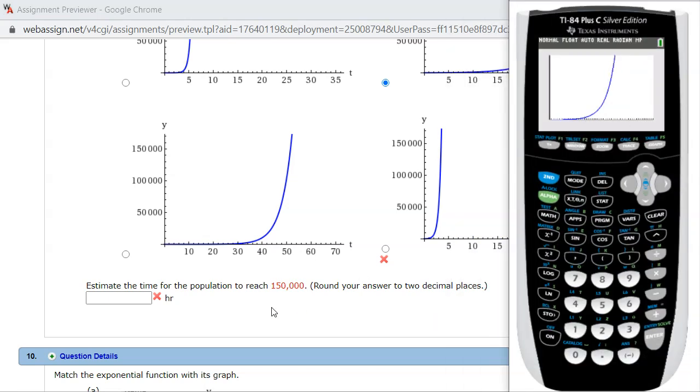We want to hit 150,000, so I'm going to draw y2 equals 150 thousand, and then graph that. This red line is the 150,000 line, and we want to know the time where the population hits 150,000.